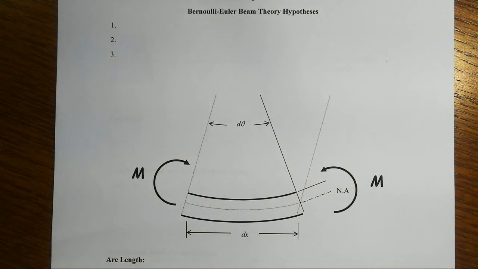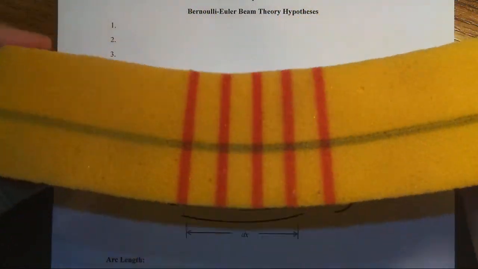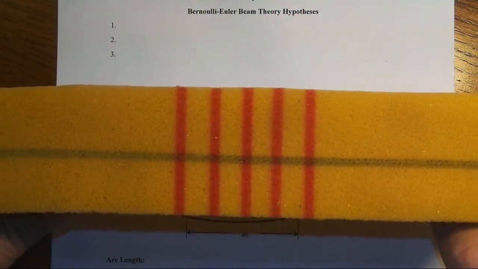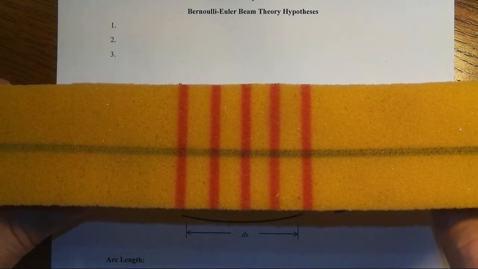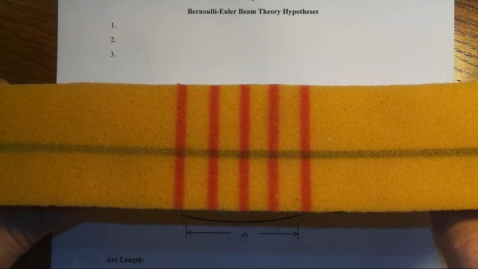Now, when was the last time you actually saw a beam that you walked across bend that much? I hope never, because they don't tend to. Instead, on a relative scale, they'll tend to bend maybe that much, and that would even be a lot. You're barely even seeing that.